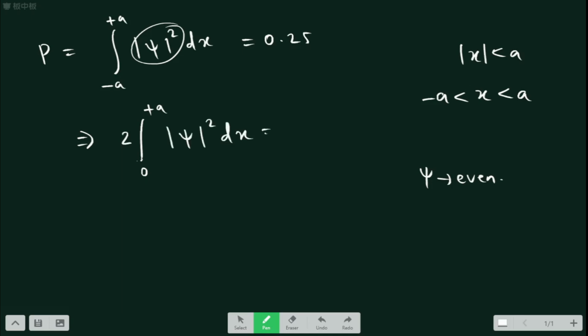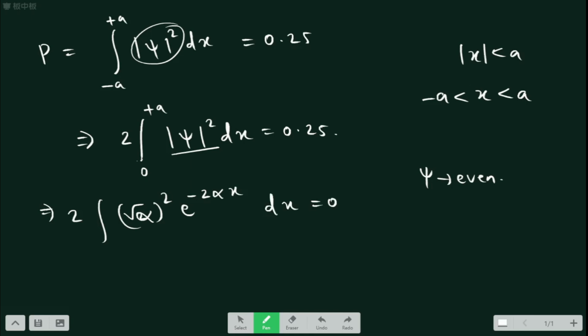This is equal to 0.25. Now let us substitute the value of modulus of psi squared. So this implies 2 times integral of alpha e raised to minus 2 alpha x dx. This is equal to 0.25.